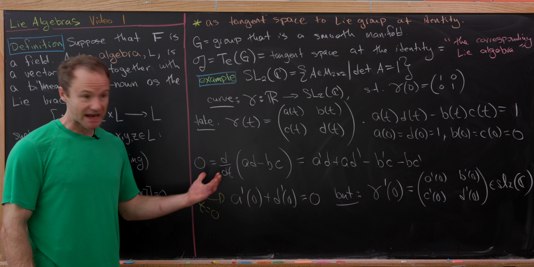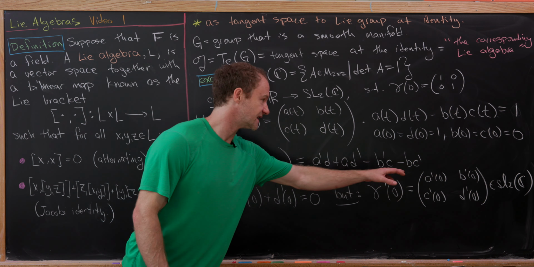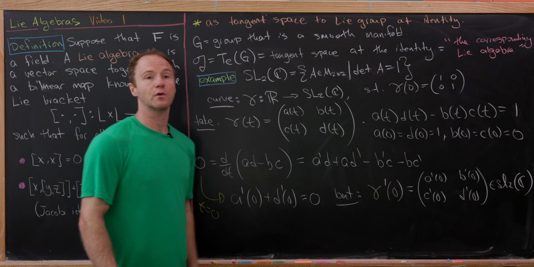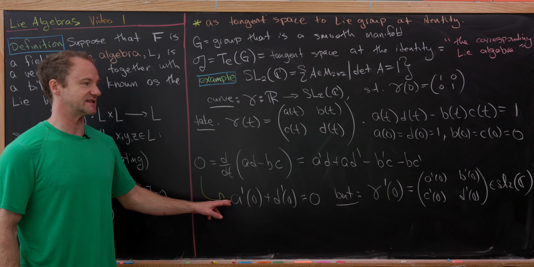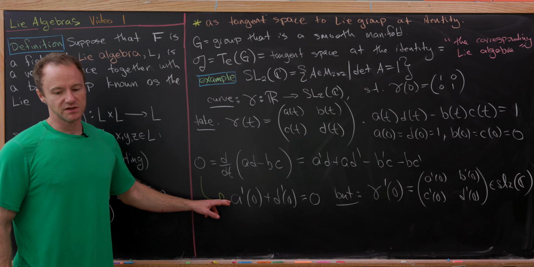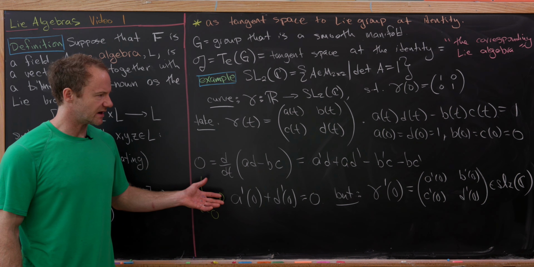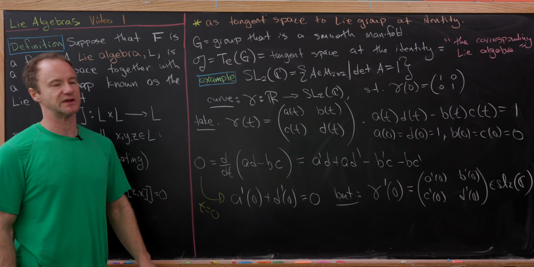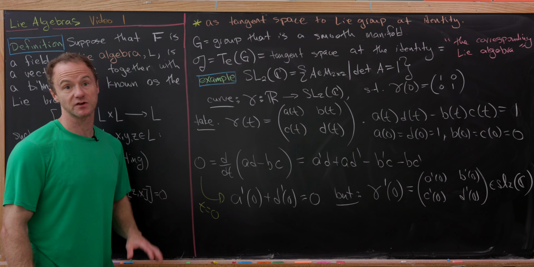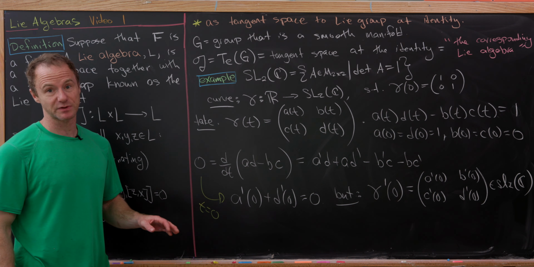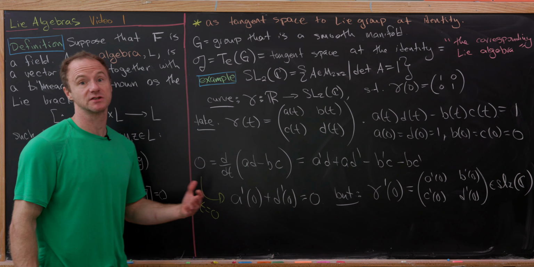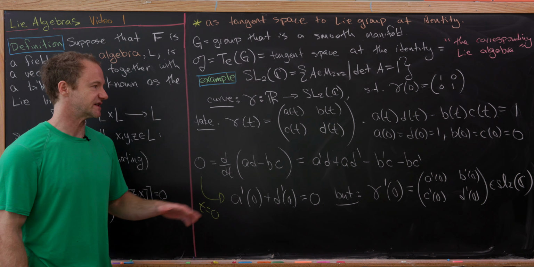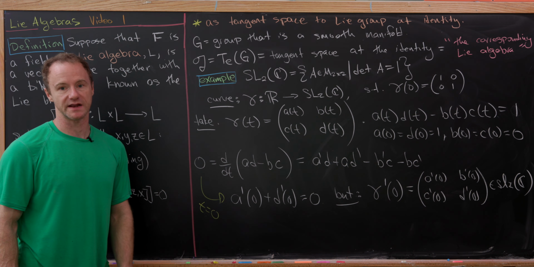So by the tangent space definition, this thing is inside of the Lie algebra, but then because of this determinant 1 condition, we see that the trace is equal to 0. So what we've shown here is that if something is inside of the Lie algebra, then its trace has to be equal to 0. And then you can show the vice versa as well. And that's the explanation for why we took the Lie algebra of SL2C to be trace 0 matrices, because of this sort of rule right here.